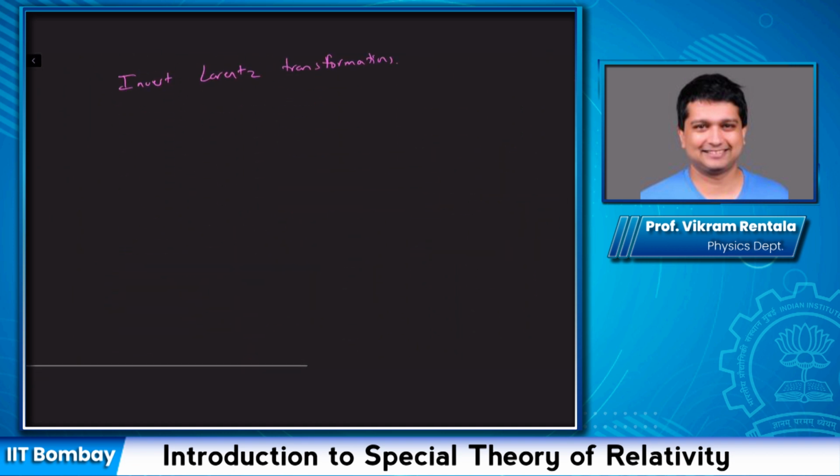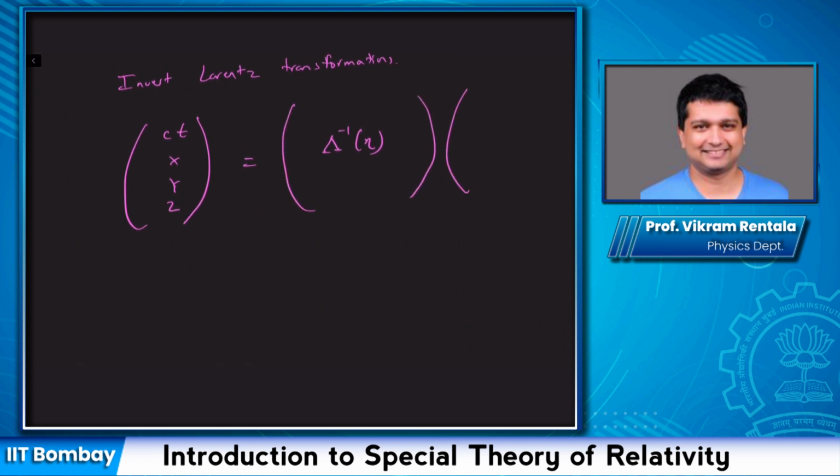So ct, x, y, z would just be the inverse matrix of lambda, which depends on eta, times ct prime, x prime, y prime, z prime. This would be the inverse Lorentz transformation.